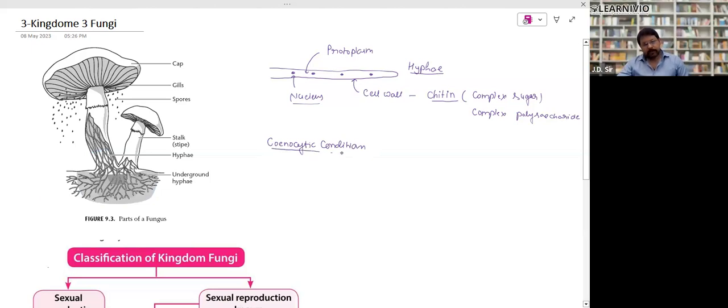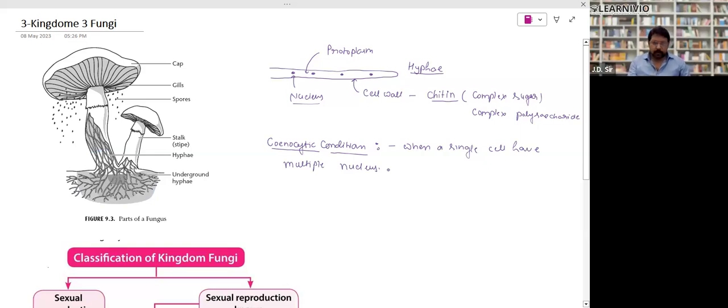This is called coenocytic condition. What is the coenocytic condition? When a single cell has multiple nuclei. This situation is called coenocytic condition, right? Clear?